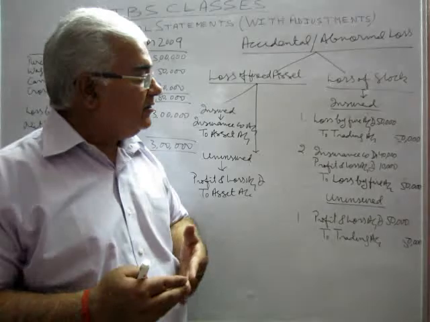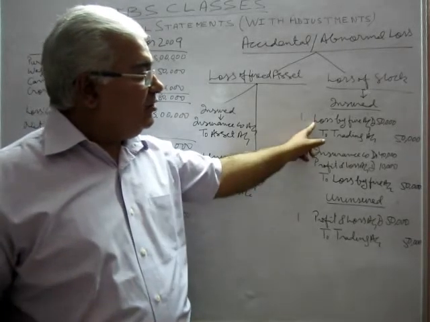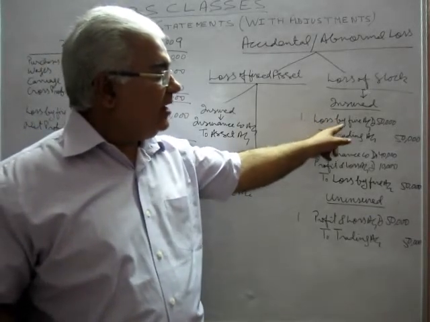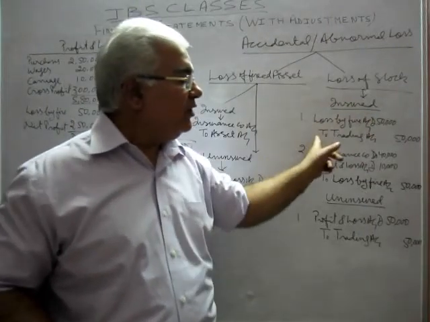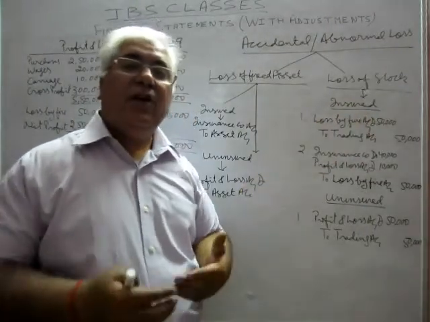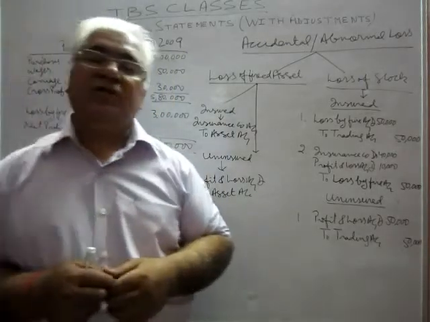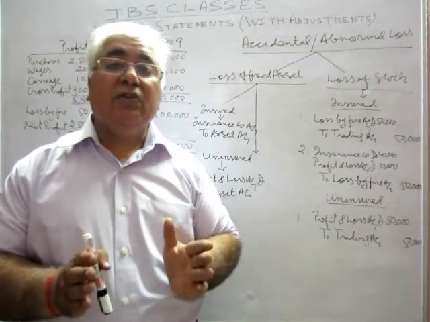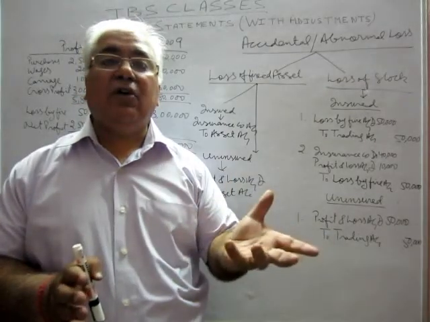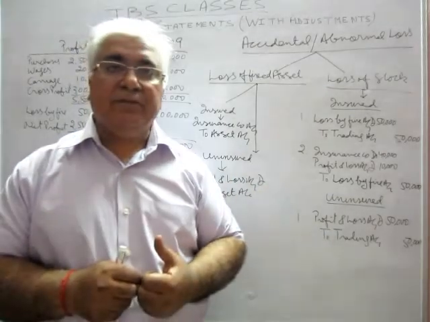these two entries: loss of stock by fire account, say 50,000 to trading account. Now you must be wondering why trading account has been credited. You must understand that trading account is meant to know the operational capability of the firm.